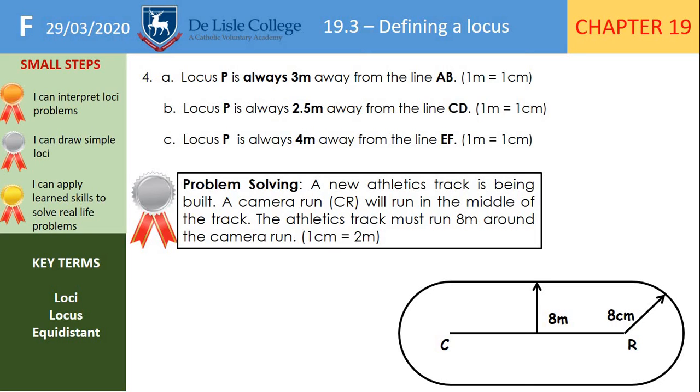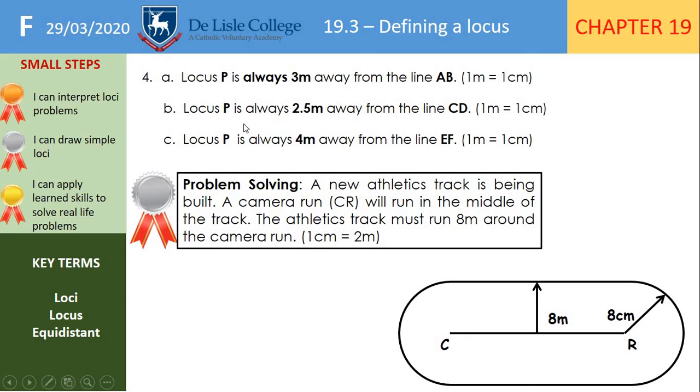Okay, going through these answers then. In the first question, in question 4a, the locus is always 3 meters away from the line AB. So draw your line AB. It doesn't actually specify how long, so you can decide, and then what you have to do is to draw a locus showing points which are 3 meters away. Now the scale that we're given is 1 meter is equal to 1 centimeter, so that means you're going to need to draw a locus which is 3 centimeters away from your line AB.